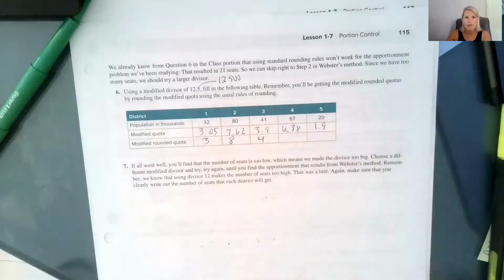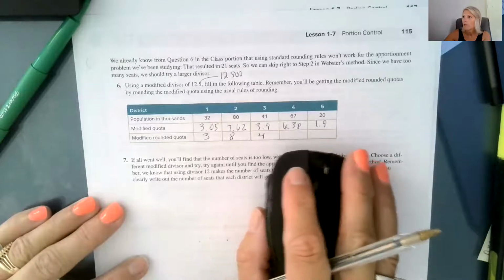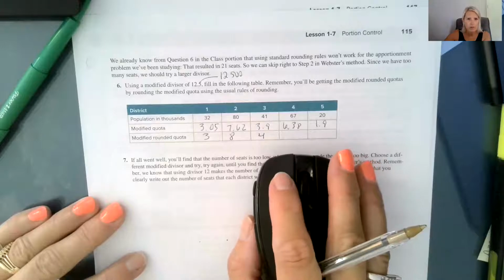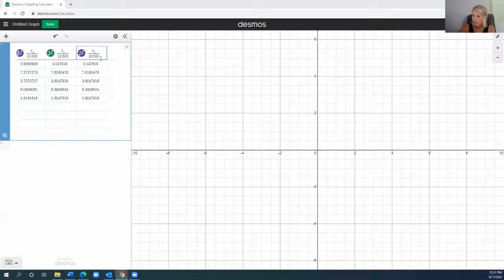Oh, I should have done 12,500. Darn it. Make sure I'm sharing the right screen with you all. I want to share my Desmos. I did 10,500. That's not what we are supposed to do here. I was supposed to do 12,500. Okay, so back to my paper.